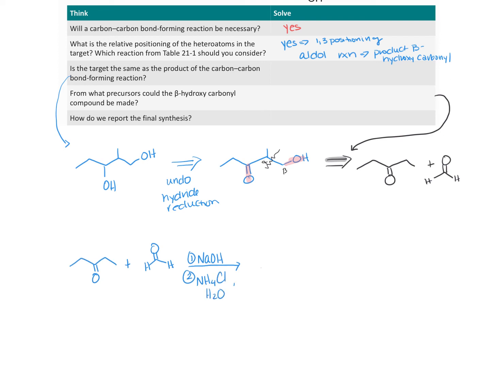And then that would give us that molecule. And then we would come here and we would use sodium borohydride and ethanol as our solvent, and we would end up with that molecule.